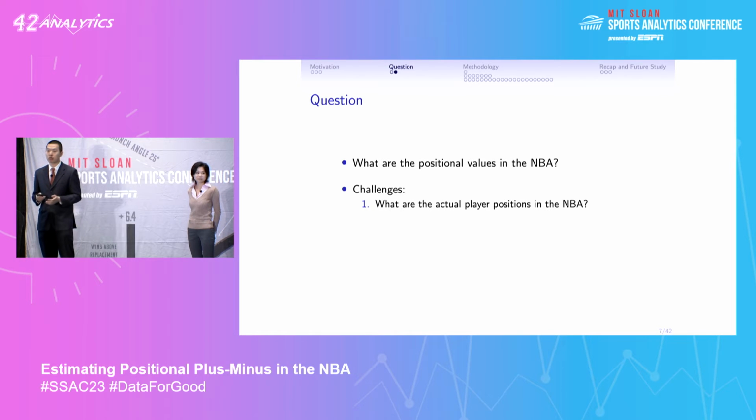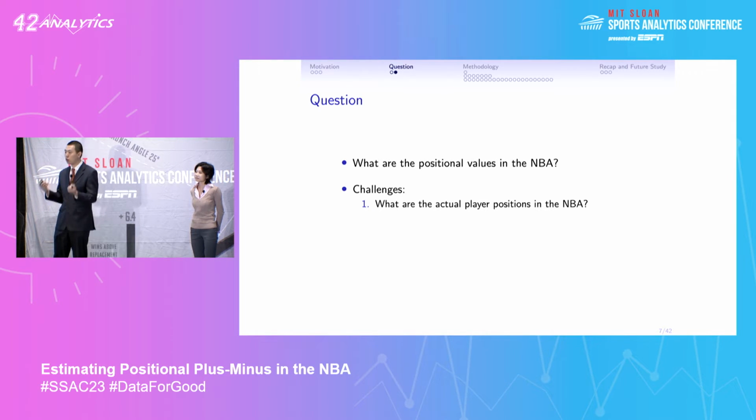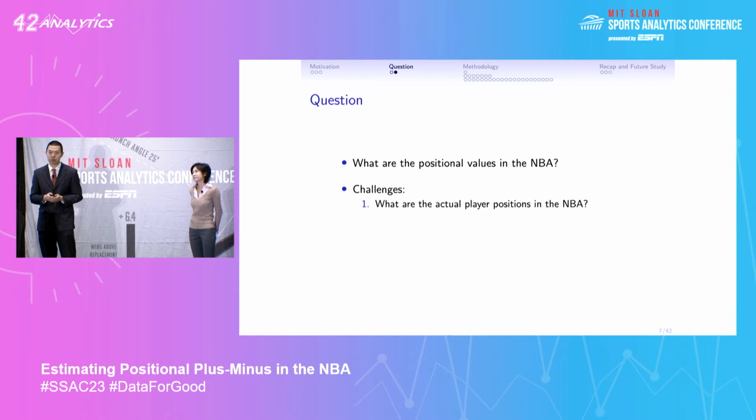If we want to use positional values as replacement levels in player evaluation, we have to make sure that the players with the same position are doing similar things on the court, so we can give them fair comparisons. But the traditional basketball player positions like shooting guard, point guard, don't do a very good job of that because the players with the same traditional positions can do completely different things on the court.